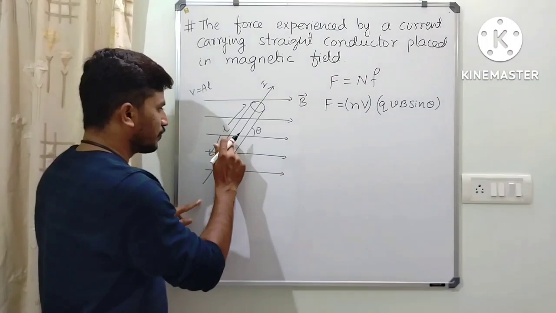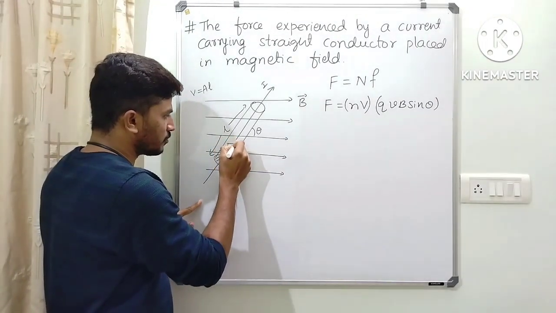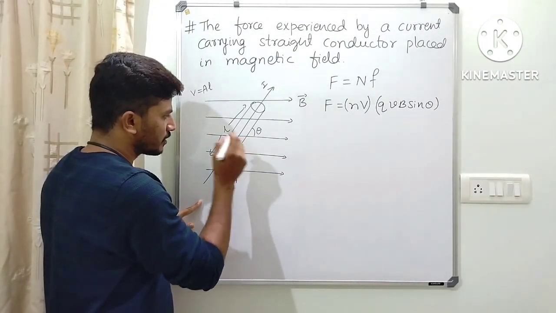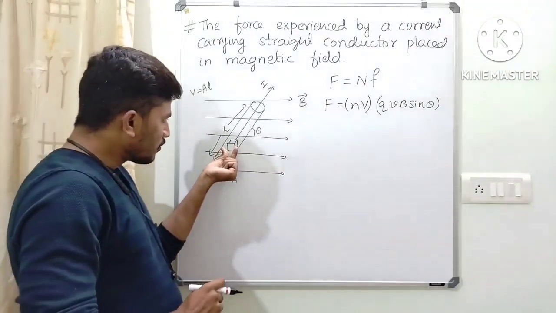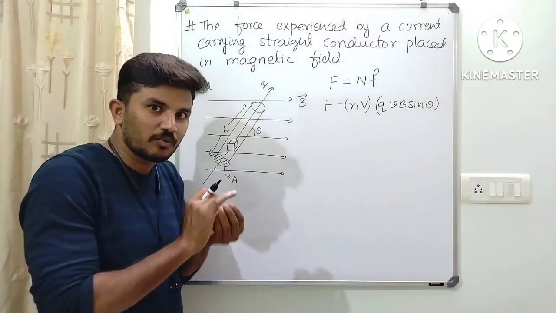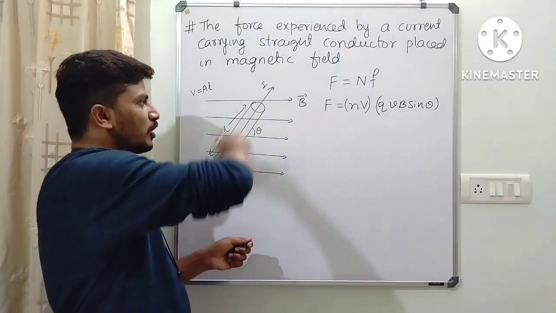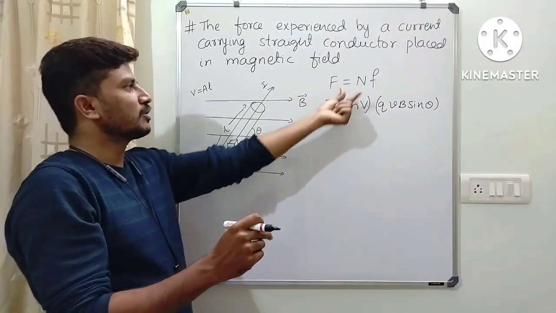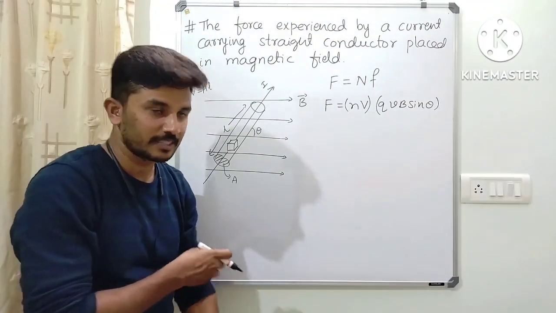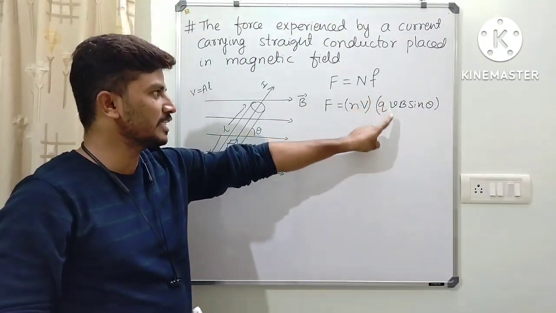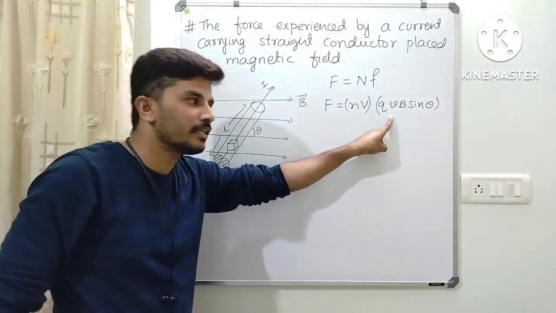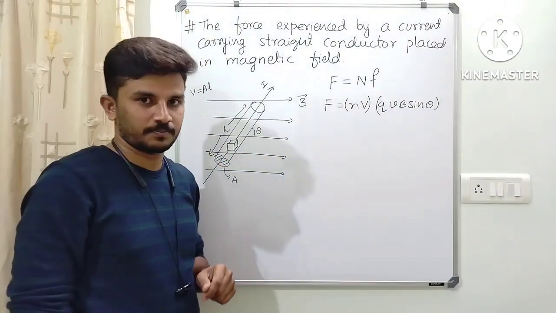Means what? If I consider a small volume, the number of charged particles per given volume is called number density, into total volume V will give you the total number of charges. Then the force experienced by each particle that we have just studied is QVB sin theta.